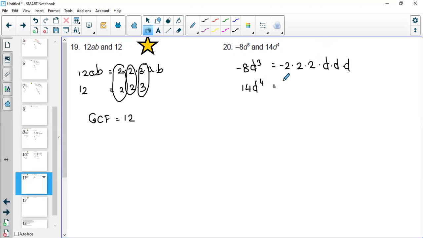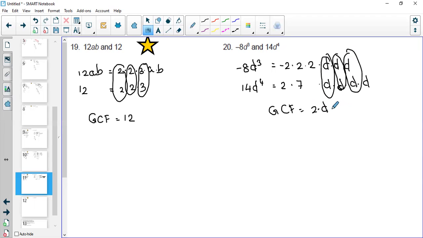Similarly for 14, we have 2 multiplied by 7 multiplied by d 4 times. So d multiplied by d, d and d. So the common factors are 2, 2, right? So we just take one 2. And then how many d's can we remove here? 1, 2, and 3. So d multiplied by d multiplied by d, which means 2d cubed. This is how you find the GCF of these two.